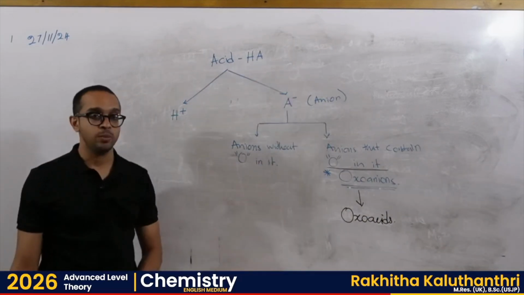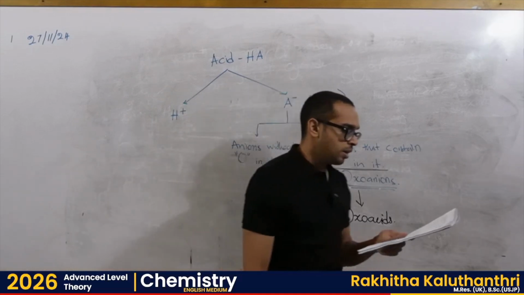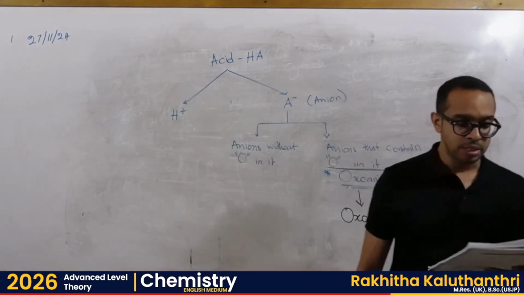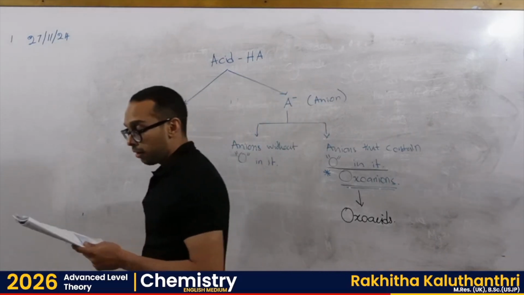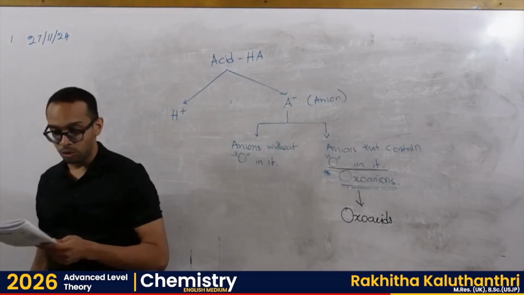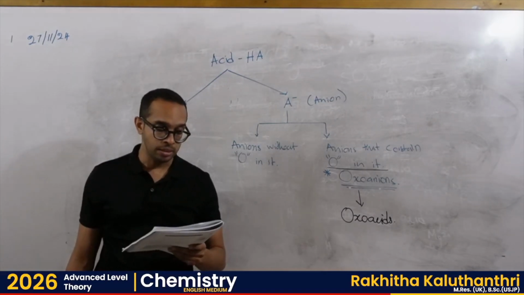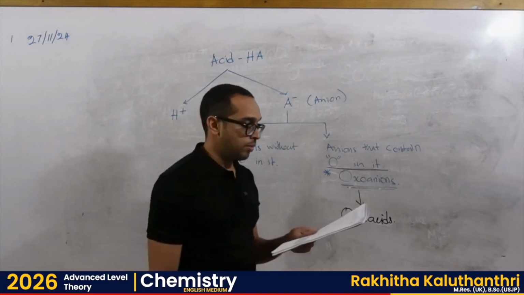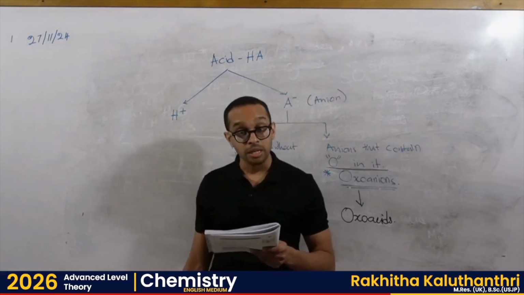So the acid is basically an oxoacid. Oxoacid formulas typically start with hydrogen followed by the central element and then oxygen. A few common oxoacids are given below. Basically we have carbonic acid, chloric acid, nitric acid, phosphoric acid, sulfuric acid, right?